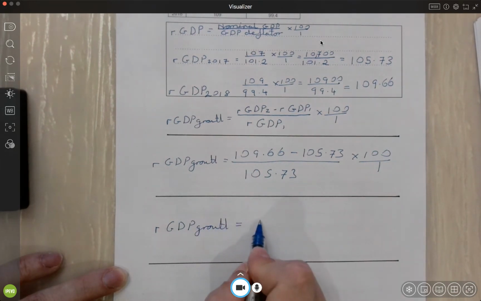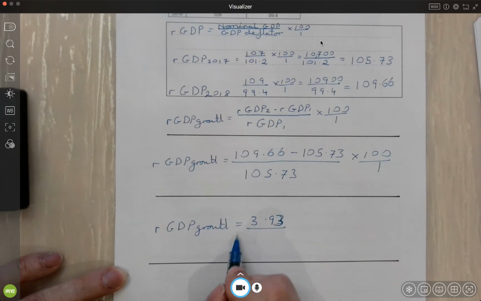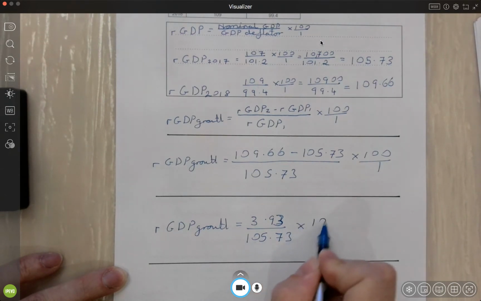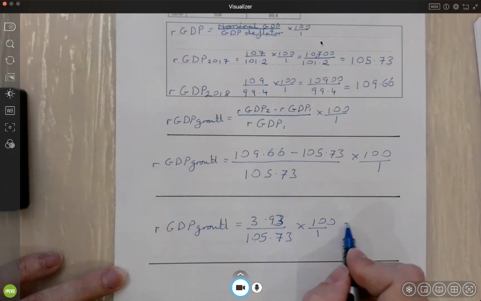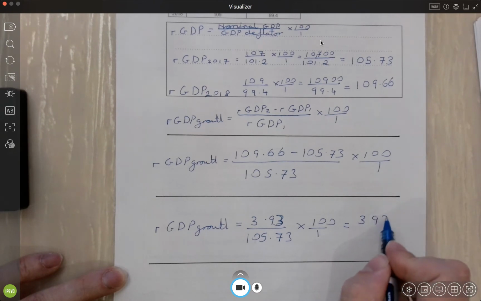So I've got real GDP growth equals, and I work this out as 3.93, excuse my chicken scratch of a writing, 105.73 multiplied by 100 over 1, and I have that equaling out as 393, just moving the decimal place 2 points to the right, over 105.73.